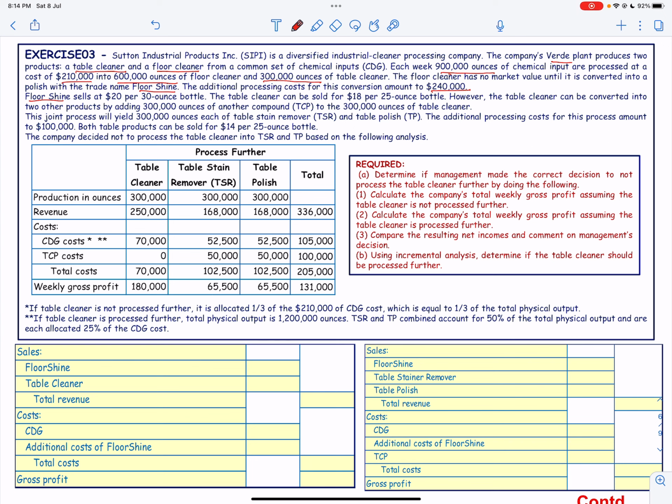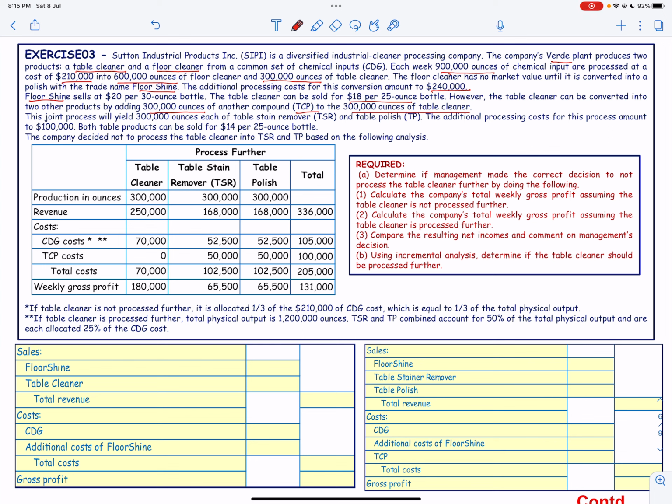The table cleaner can be sold for 18 per 25 ounce bottle. However, the table cleaner can be converted into two other products by adding 300,000 ounces of another compound, TCP, to the 300,000 ounces of table cleaner.